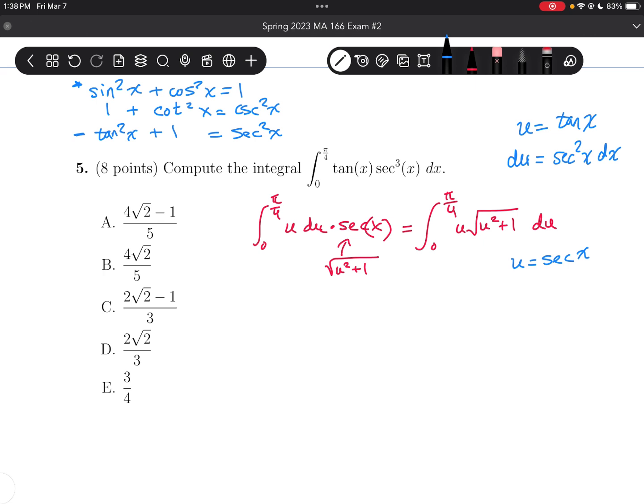So if I set u equal to secant x, du would equal tangent x secant x dx. And you'll notice this secant x is still a good choice because the derivative of secant x is in terms of tangent x and secant x, and tangent x is also in our original expression. So yeah.